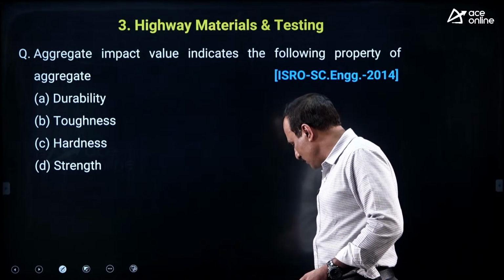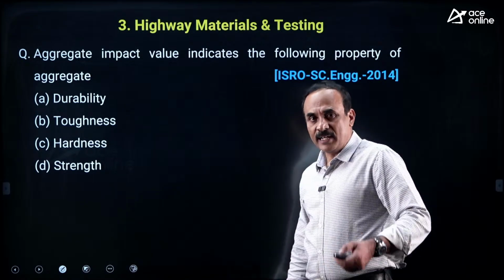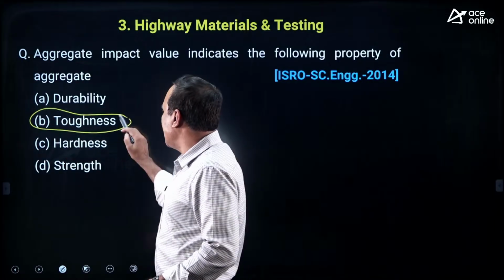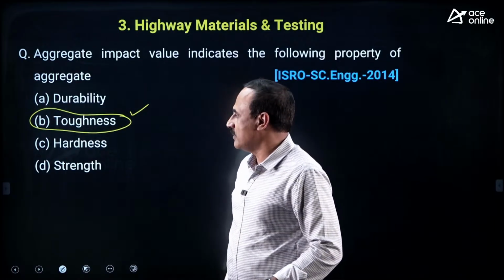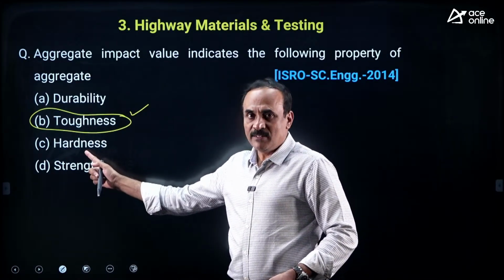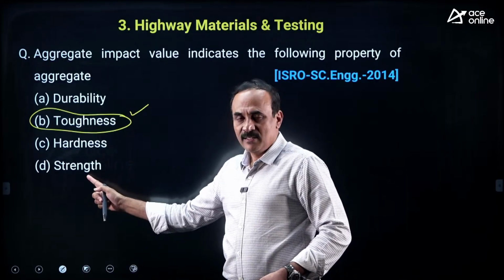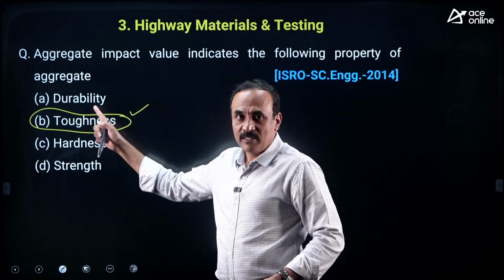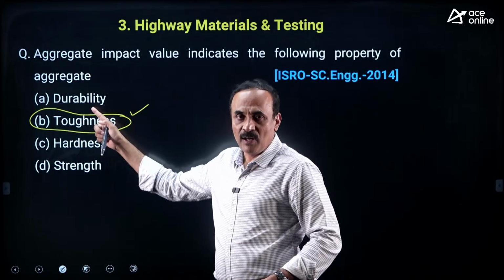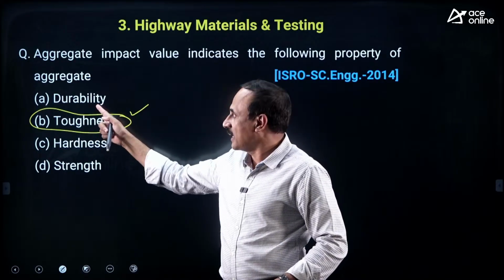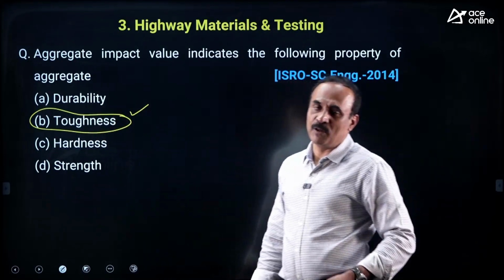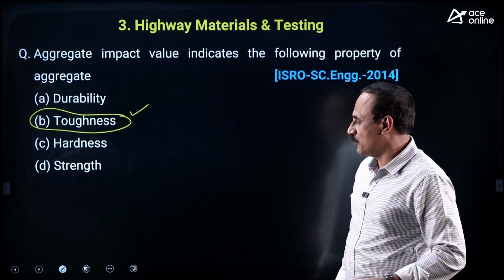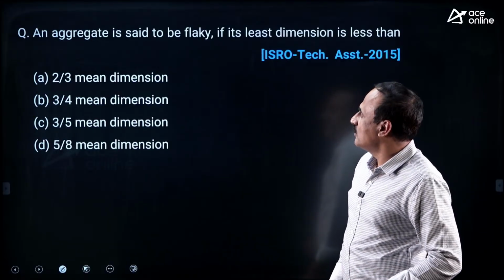Impact is sudden load, it talks about toughness. Abrasive strength is hardness. Resistance to gradual load is strength. Resistance to acid attack is durability, nothing but soundness. Durability, soundness both are same. Long lastingness is soundness.